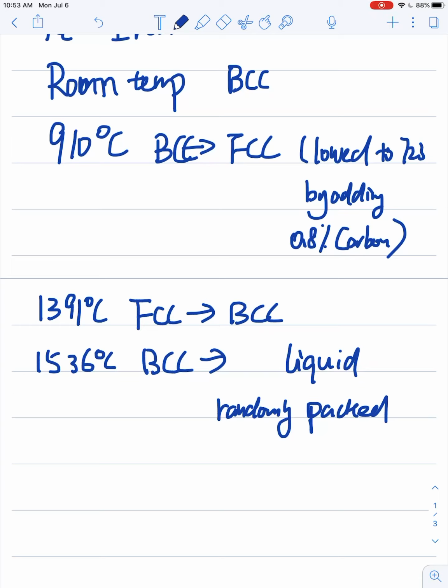And some interesting perspective from here is, as we know, BCC and FCC have different packing efficiency, and when iron experiences this change of its crystal structure, it also alters its volume. It is because FCC is more densely packed, and BCC only has the atom in the center, body center, but FCC has atoms at each face.